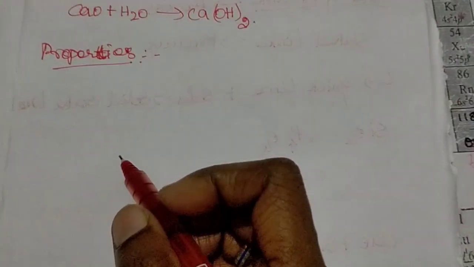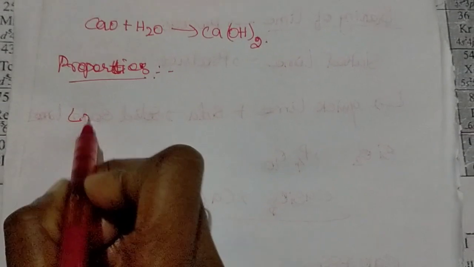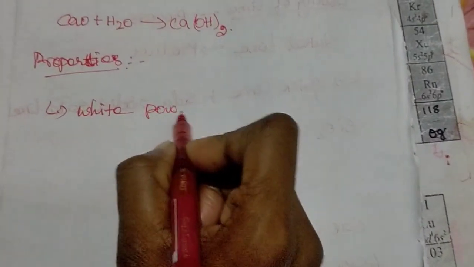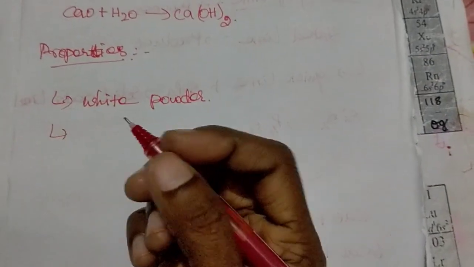Then the properties of calcium hydroxide. This is a white powder. It's not like the previous one, which is a white amorphous solid, but this is a white powder, and it is sparingly soluble in water.